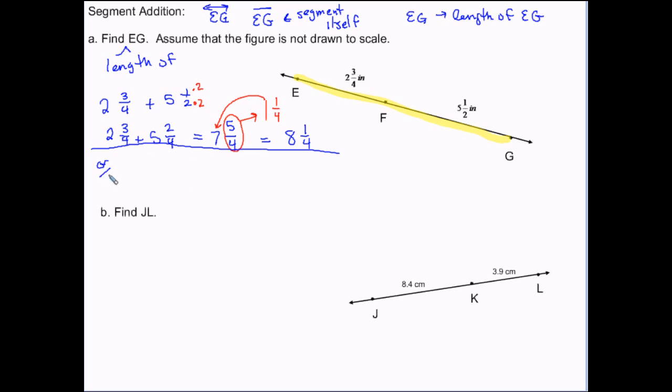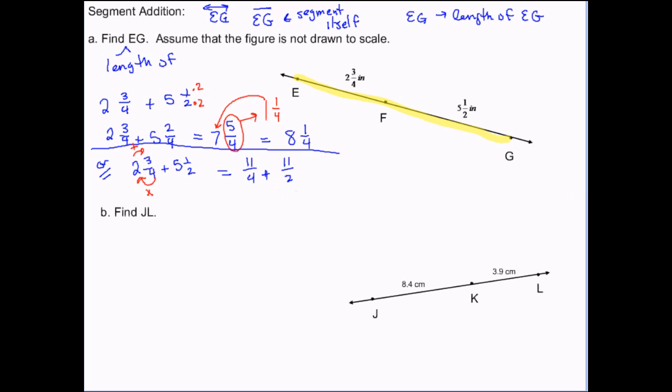your other option is to take that 2 3/4 and that 5 1/2 and go ahead and make them improper. To make them improper, I multiply and then add. So I say 4 times 2 is 8 plus 3 is 11. 2 times 5 is 10, plus 1 is 11.